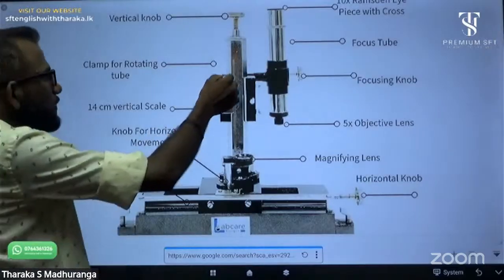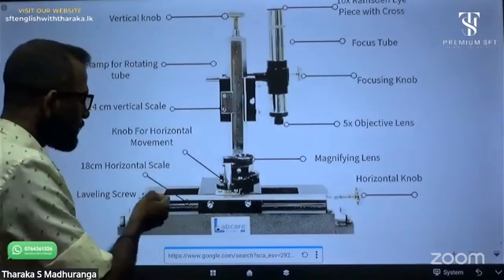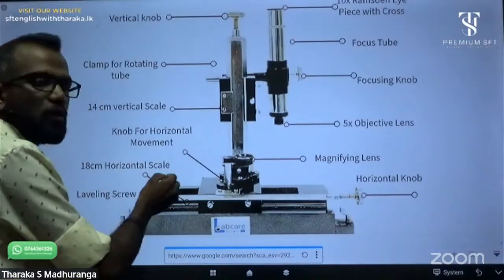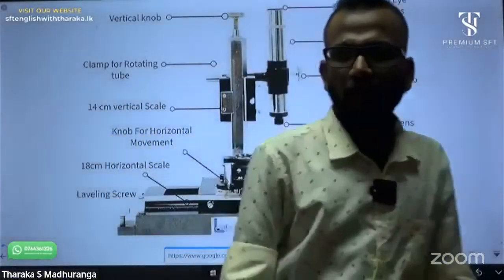This is the vertical vernier scale, and this is the horizontal vernier scale. There is an 18 centimeter horizontal scale and a 14 centimeter vertical scale, right?